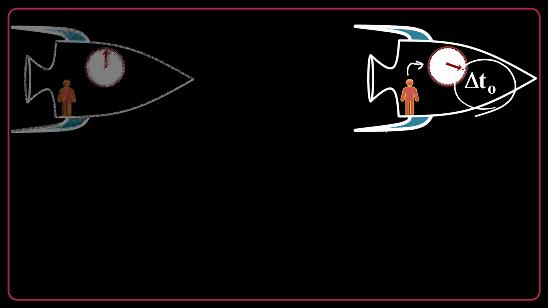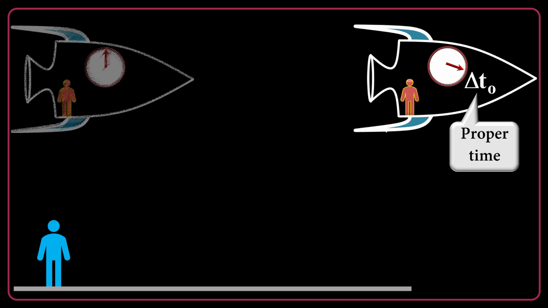In other words, proper time is the time measured by a person who is at rest relative to the event. But according to a person on the ground, it's not going to be the same. The reason is that the embarkation and destination points will not be at the same place, and actually this event is not at rest relative to this person.